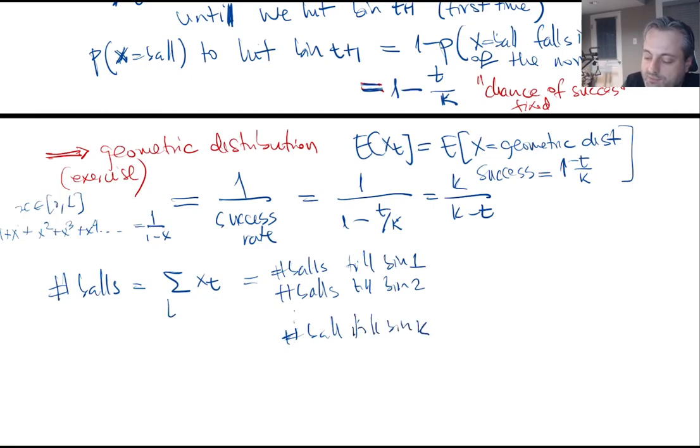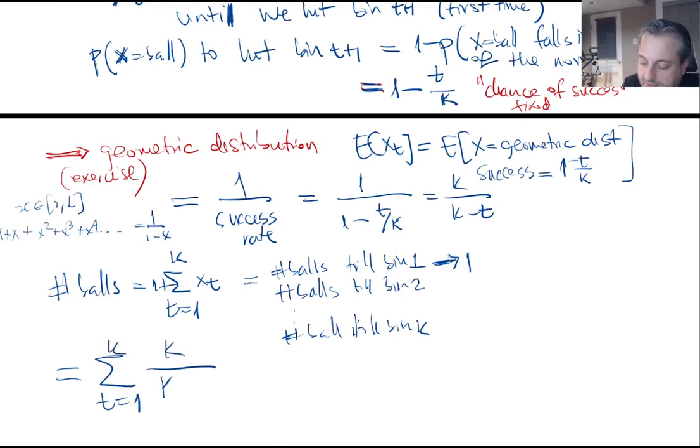So it's a sum from t equal 1 to k of k divided by k minus t, plus 1.